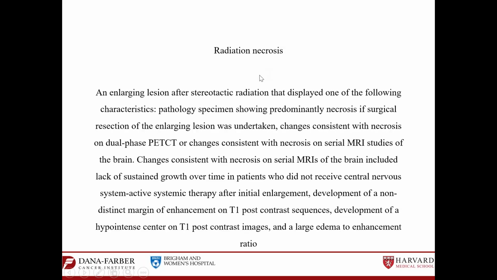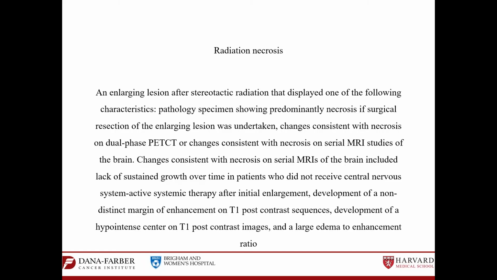So I'll go very quickly discussing radiation necrosis in the couple of slides coming, and then I'll finish. Whenever you're doing stereotactic radiation, we never have zero side effects. The acute side effects you will discuss with your patient are nausea, vomiting, and headache, depending on the location of your lesion at the time of the radiation.